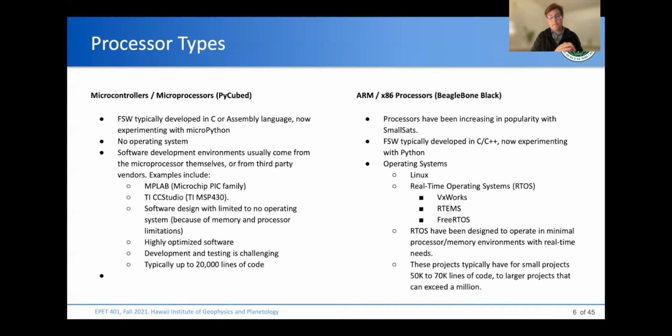These are very low level languages, closer to the hardware, very efficient, and very capable in many other ways. Now we're also experimenting with MicroPython or CircuitPython for the PyCubed, which I would call an experimental effort. There's no operating system on these. Usually you run it on a single thread, bare bones on the hardware.